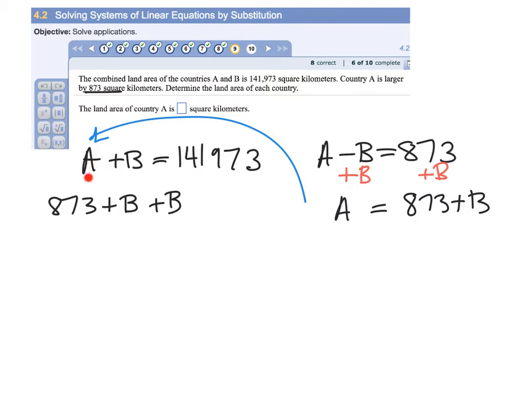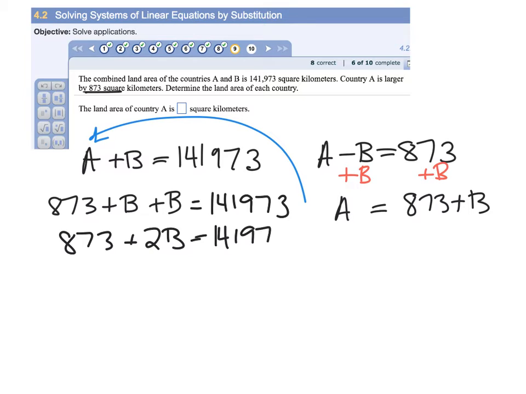So this is A. And that equals 141,973. And combining like terms gives us 2B is equal to 141,973. Now we're going to subtract both sides by 873.